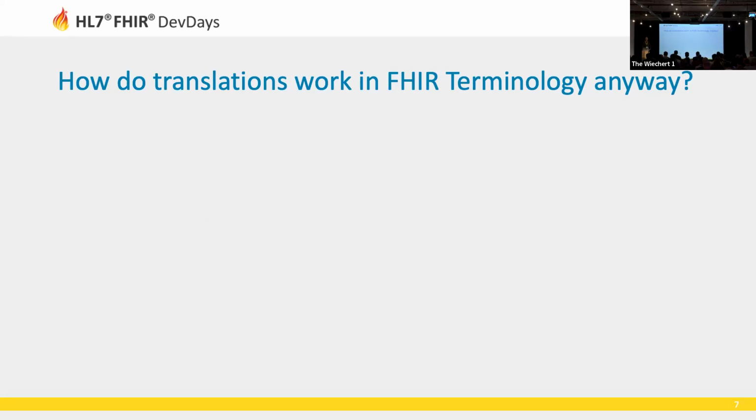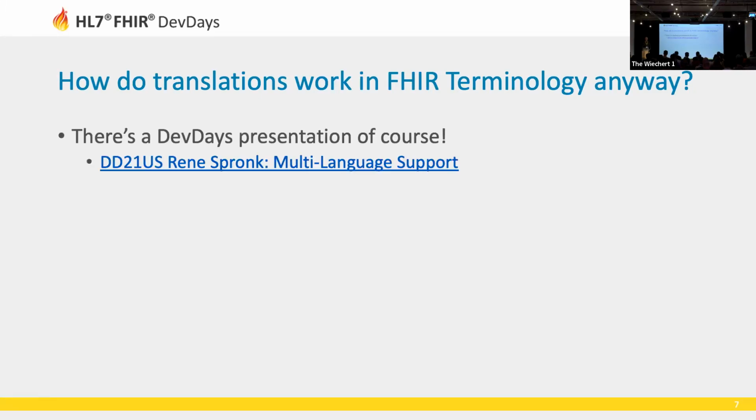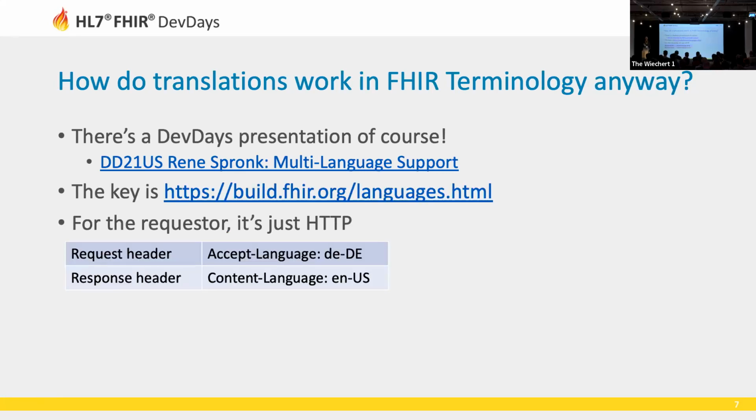Just a slight segue before we go on to that. Graham was talking about this earlier, and I think Lloyd's talking about it now, or just finished talking about how internationalization and translation works in FHIR. So, of course, there's another DevDays presentation. In fact, we've got the speaker here that talked about the multilingual support. In terms of this presentation, there's a page that talks about many aspects of that. Really, it's this languages page, but effectively for the requester, it's really just HTTP.